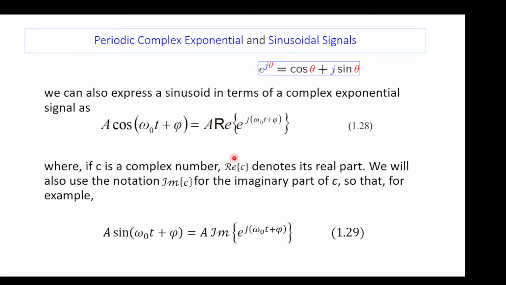But anyway, we write RE for taking a real part, and IM for taking an imaginary part, and hopefully they are readable throughout the lecture notes. Okay, so it's taking a real part, taking an imaginary part. Okay, question. Changing back and forth between complex exponential and the sinusoidal signal.